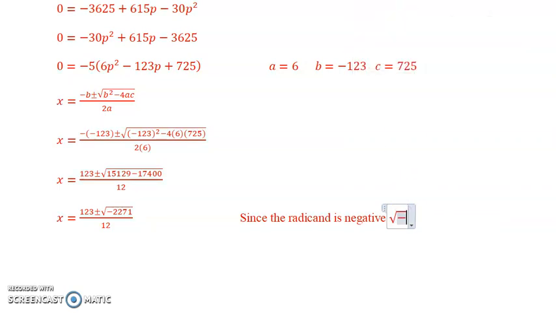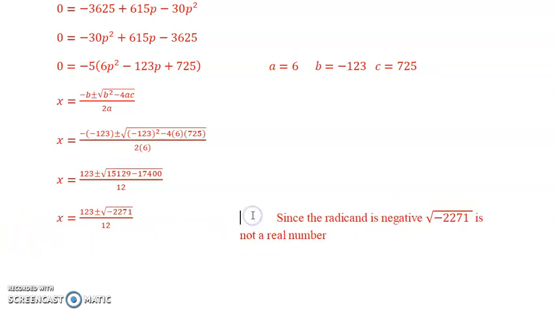So negative 2271 is not a real number, right? We learned that it's actually called an imaginary number, and again, we're going to talk more about this in pre-cal 11.